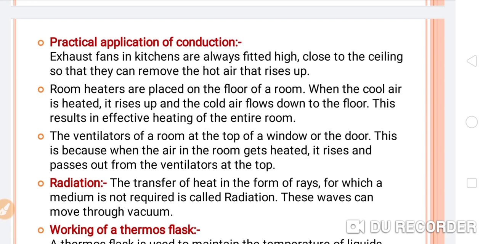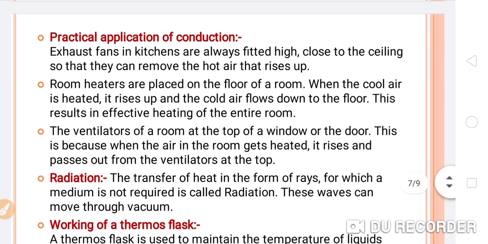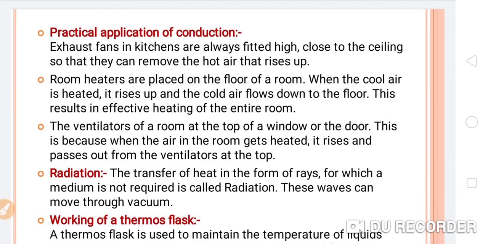Second, room heaters are placed on the floor of a room. When the cool air is heated, it rises up and the cold air flows down to the floor, and this results in effective heating of the entire room. This is another application.